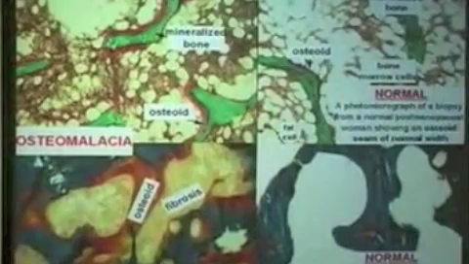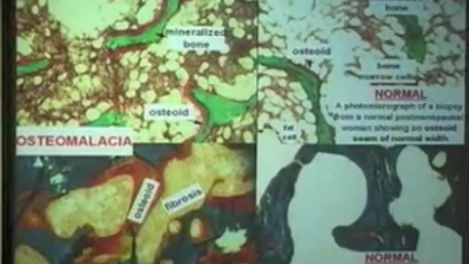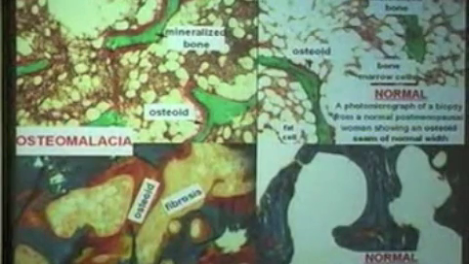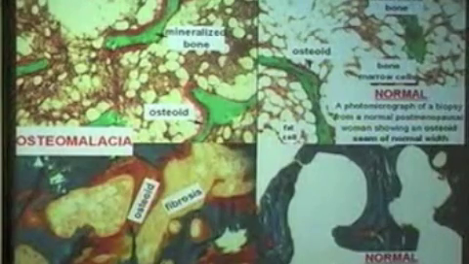All right, then here, quickly, this is osteomalacia. This is mineralized bone in green. This is osteomalacia. And therefore, you have what type of deposition? Unmineralized matrix, unmineralized osteoid. That's what that means. Normally, here's your mineralization, and you do have some osteoid, but look how thin that seam is.